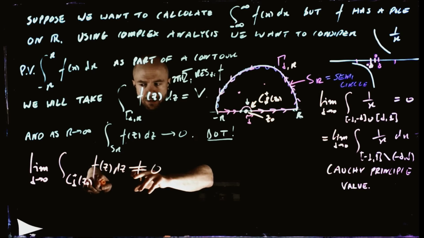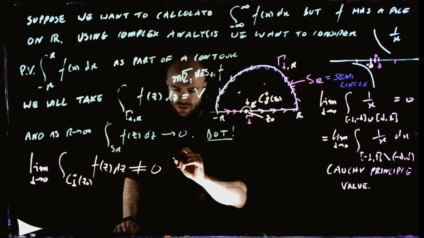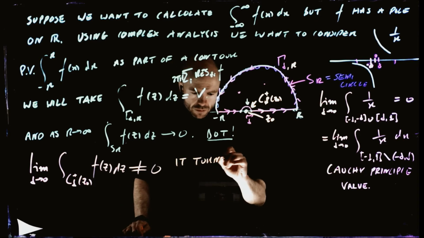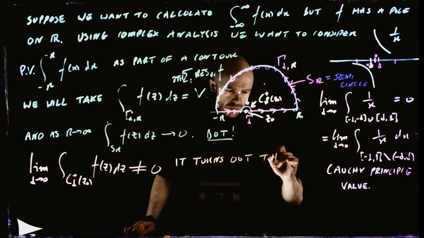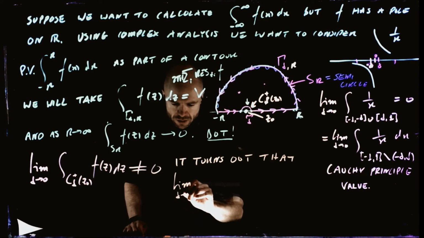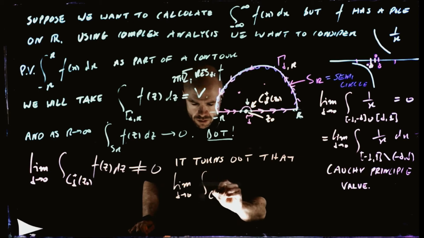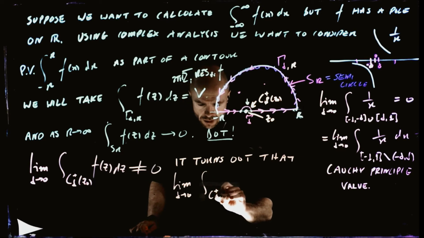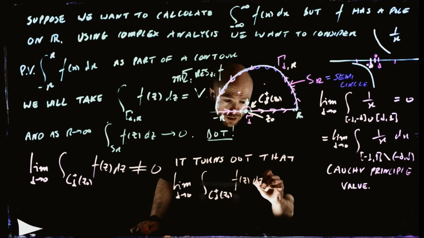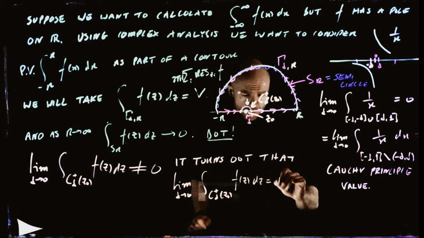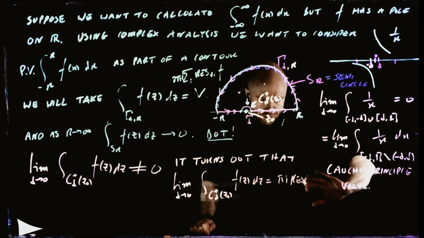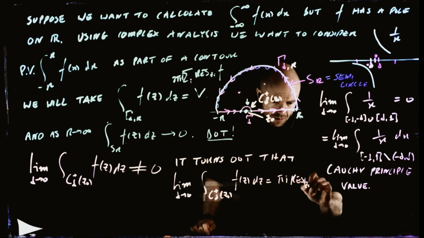It turns out, and I'll show you in a second, that the limit as r tends to 0 of the integral over c plus delta of z0, f of z dz, will turn out to be just pi i times the residue of f at z0.